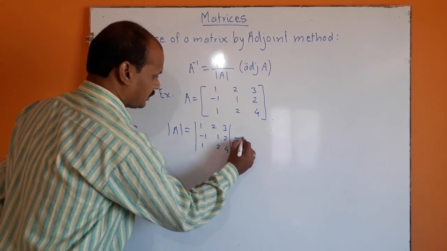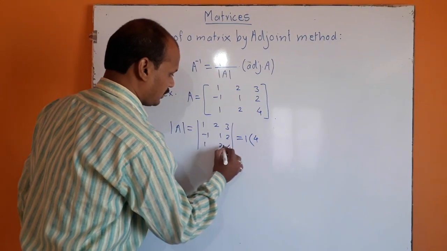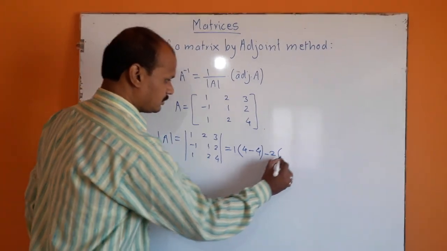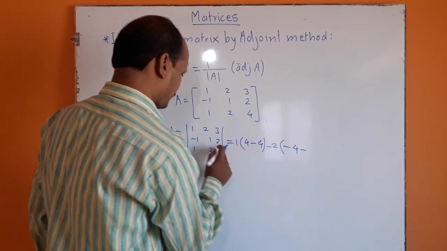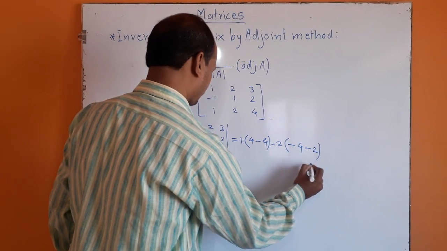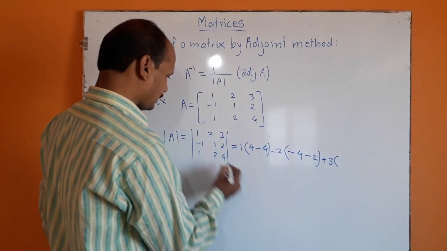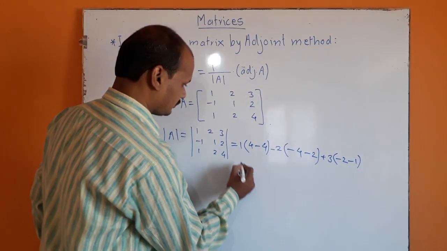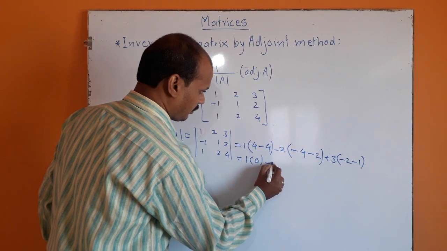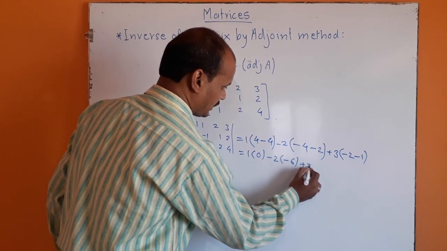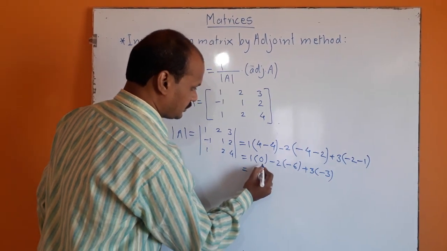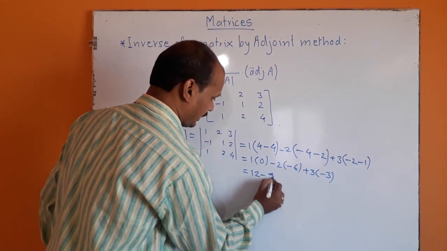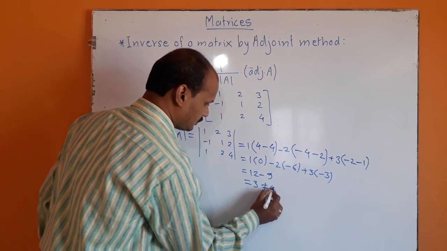Expanding: 1 into (4 minus 4), minus 2 in bracket (minus 1 into 4 minus 2 into 1), plus 3 in bracket (minus 1 into 2 minus 1 into 1), which is 1 into 0 minus 2 into minus 6 plus 3 into minus 3, equal to 0 plus 12 minus 9, which is 3, not equal to 0.